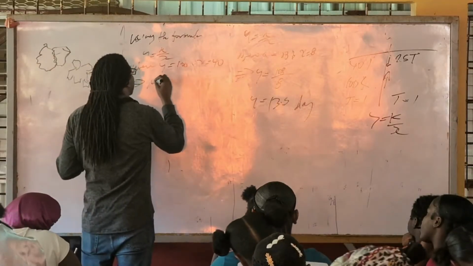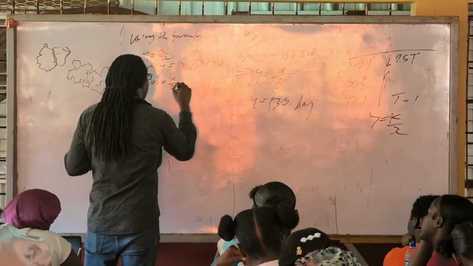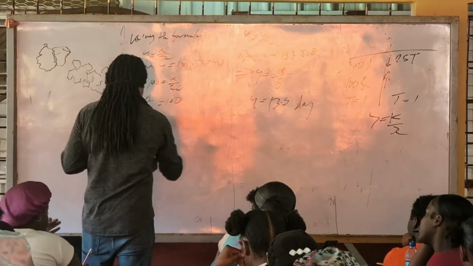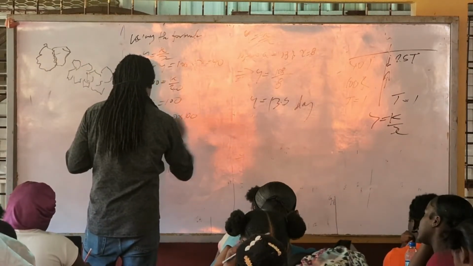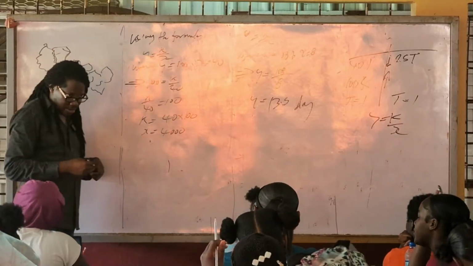It implies that 100 equals k over 40. K over 40 equals 100. K equals 40 times 100. K equals 4,000. Are you with me?